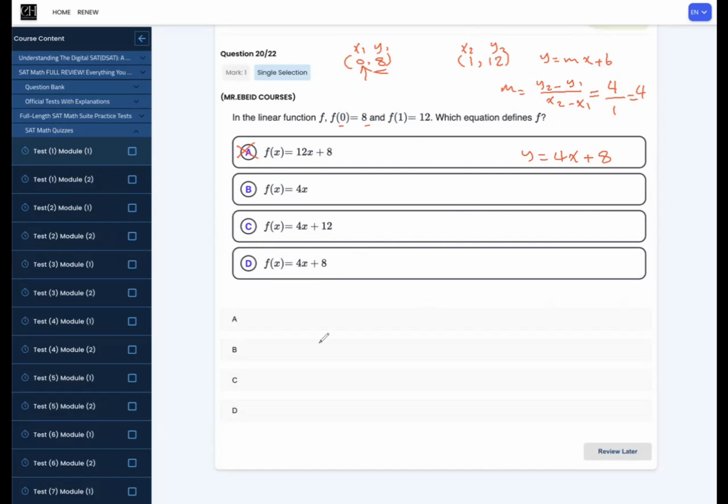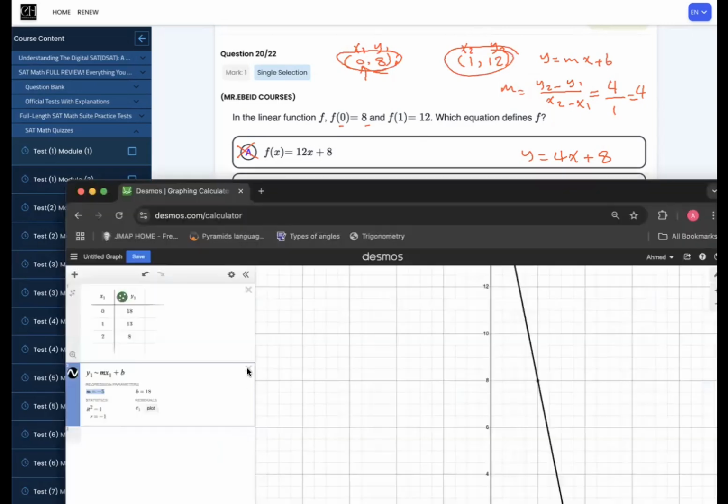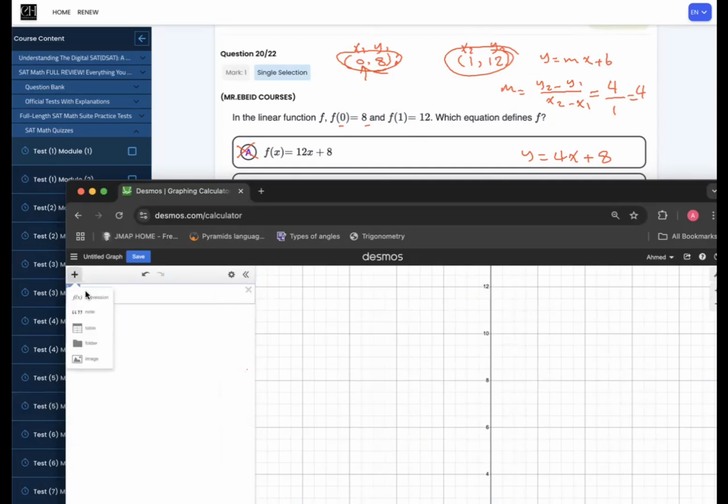Also, you can use the calculator. You have two points. You can put them in a table like we did in the previous question. Put 0 and here we have 8, and this is 1 and 12.